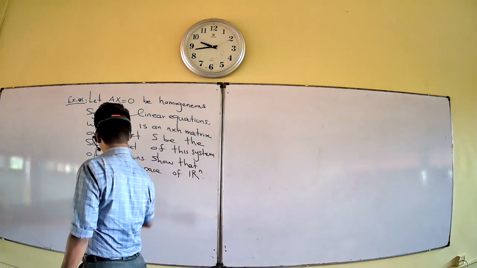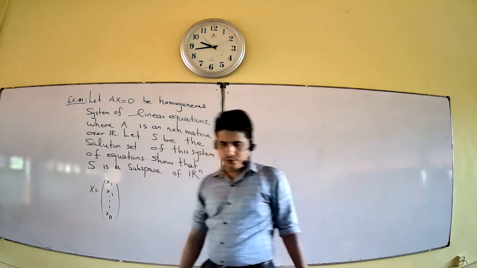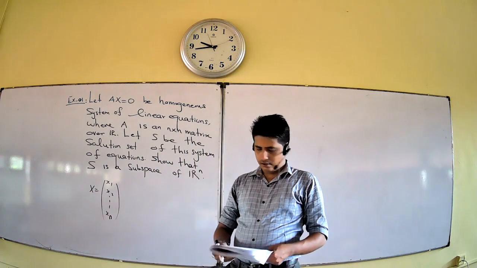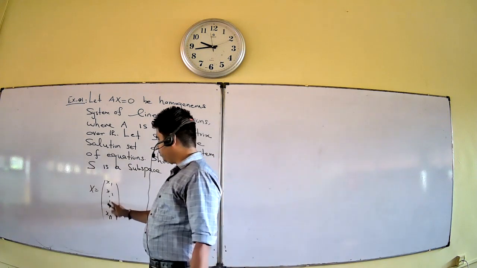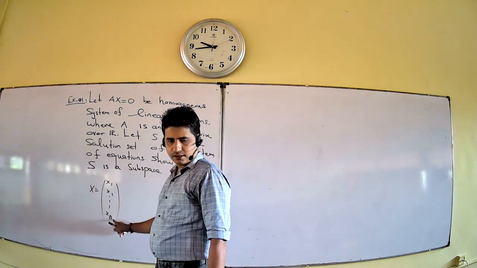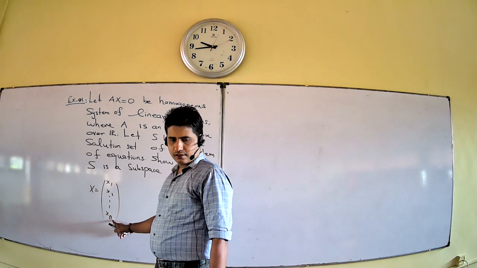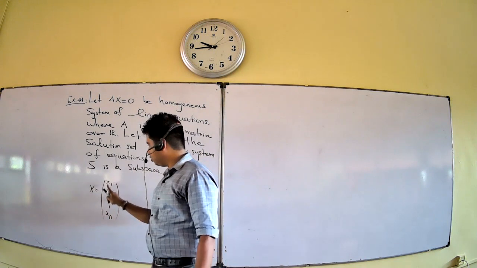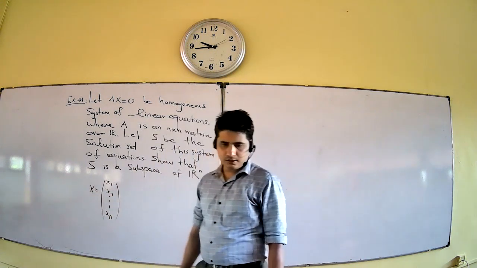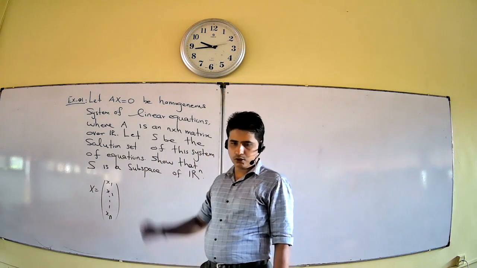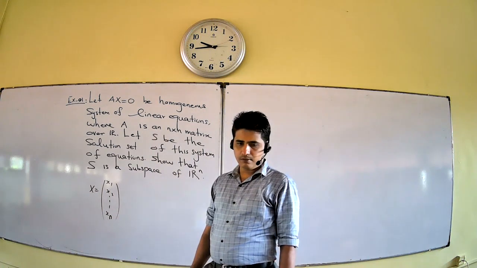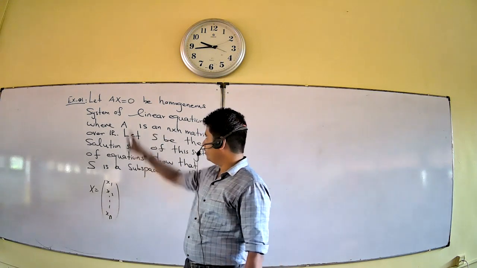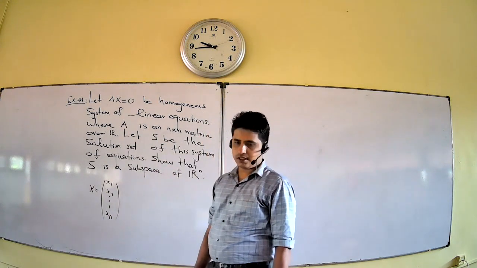Suppose for this system, 0 is a solution, because if you put all the values as 0, the equation is satisfied. 0 means the zero vector, 0, 0, and so on up to 0. So 0 is one of the solutions of the system. Therefore, S is a non-empty set.